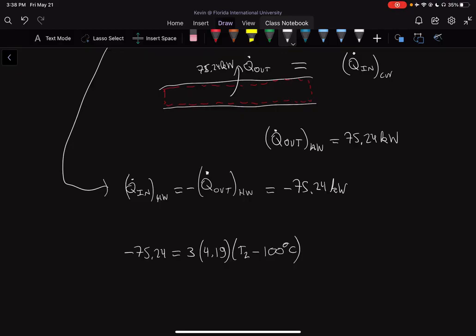And again, we don't have to convert to Kelvin, but you can if you want to, because we're looking at a difference in temperature. And we find that temperature 2 is equal to 94 degrees Celsius. So we can see that the hot water has cooled down by exchanging with the cold water to 94 degrees Celsius. And in the process, actually has increased the cold water temperature from 15 to 45 degrees.